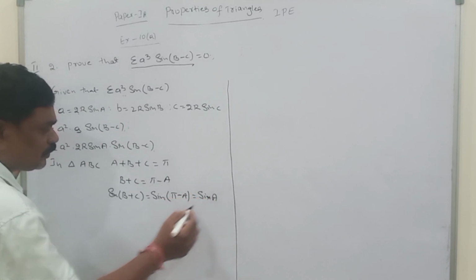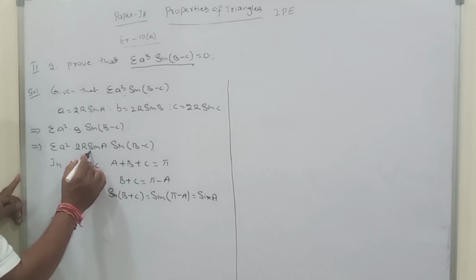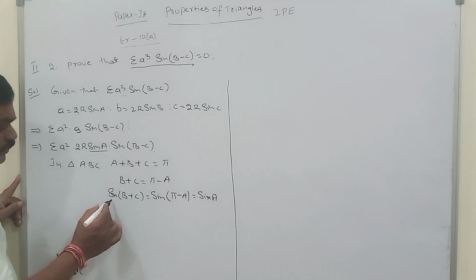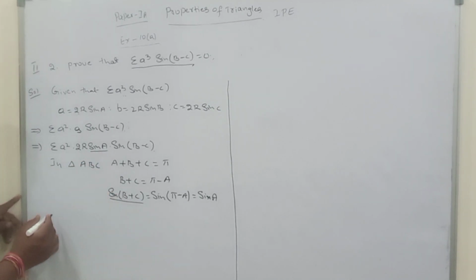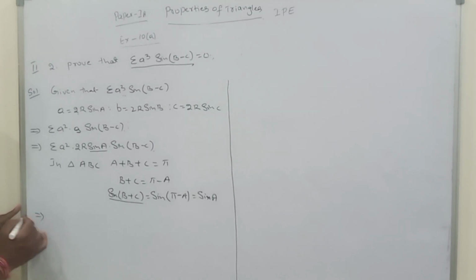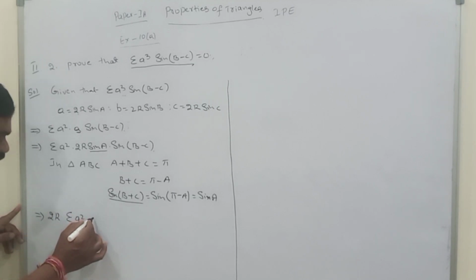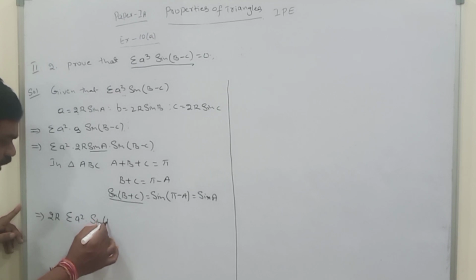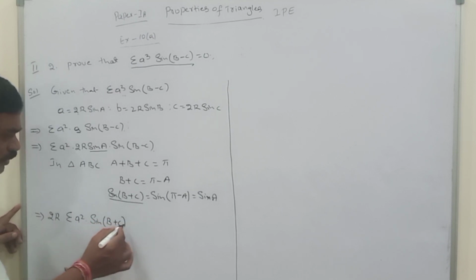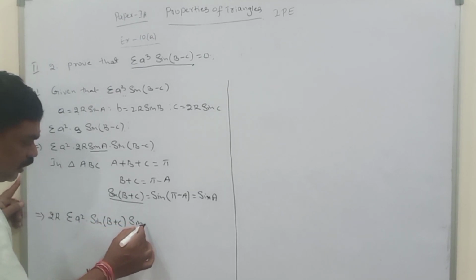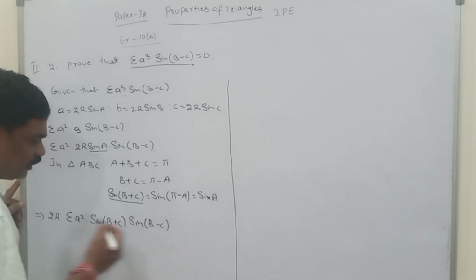Sin A. So instead of sin A, you substitute sin of B plus C. So this is sigma, 2R common, and the remaining a square into sin of B plus C into sin of B minus C.